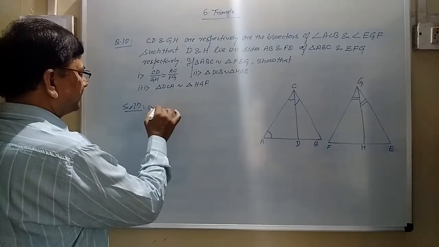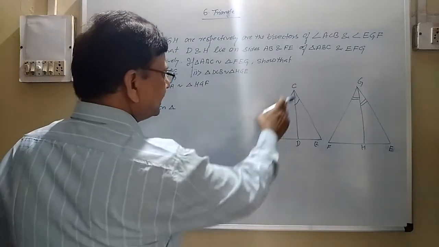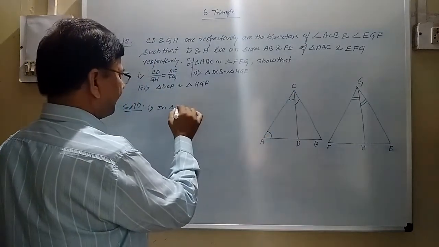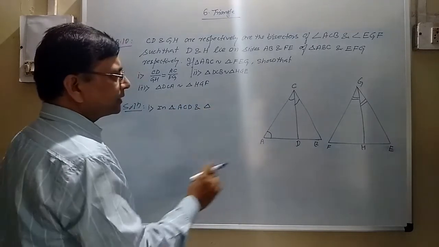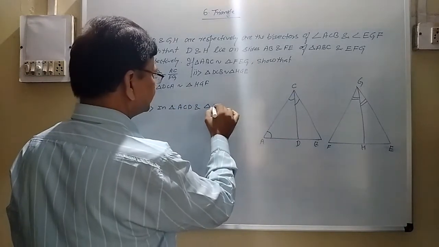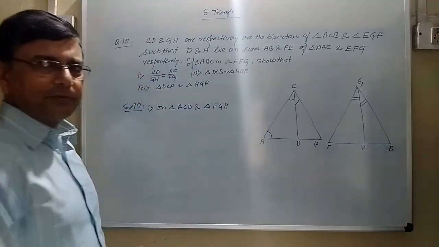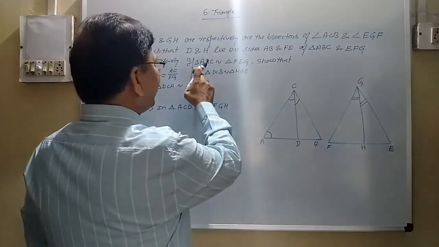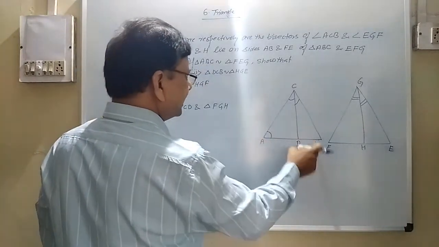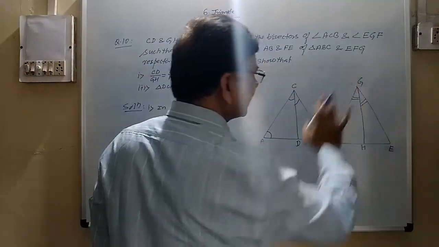In triangle ACD and triangle FGH, in these two triangles we will look. It is given that triangles ABC and FEG are similar.